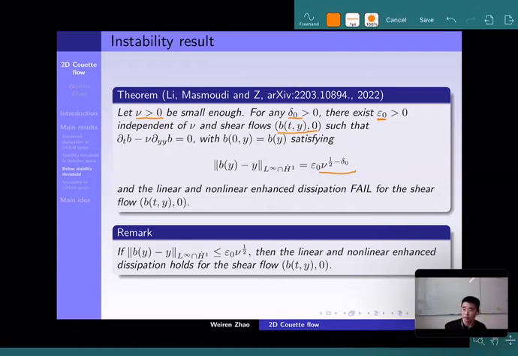In the previous setting, we said that if the size is nu to the half, then we can prove some enhanced dissipation and inverse damping. While here, if we just remove some delta, making the size slightly larger, our result is that the nonlinear enhanced dissipation fails. Also the linear one. Of course, when the nonlinear fails, the linear also fails. So this is our result.